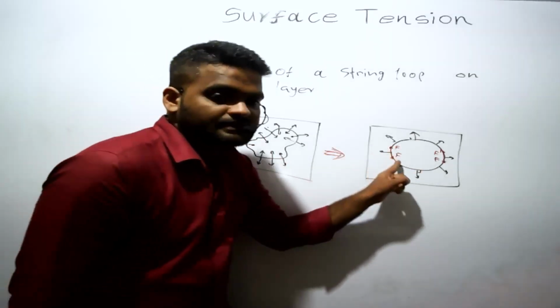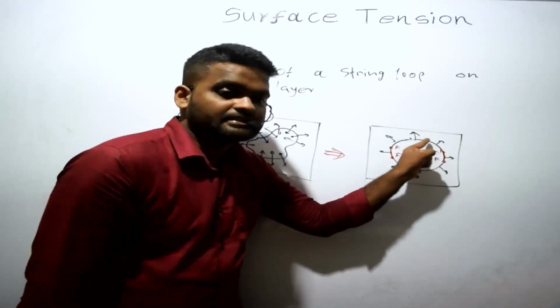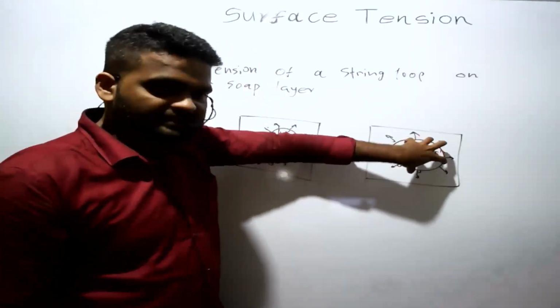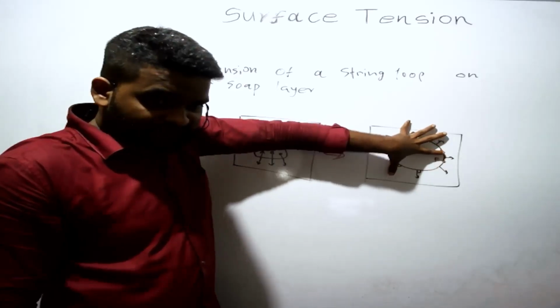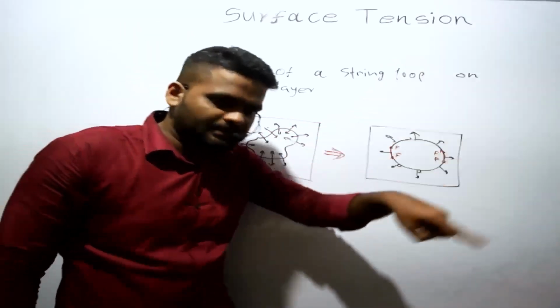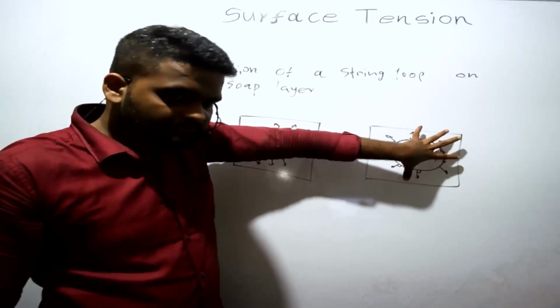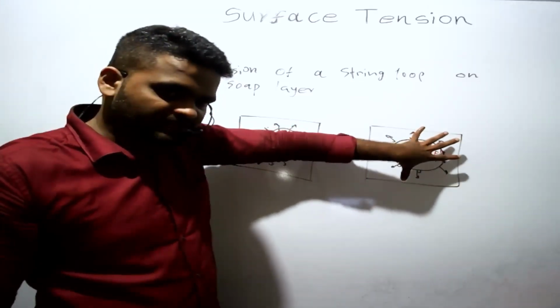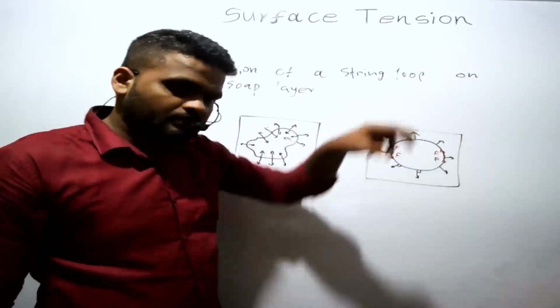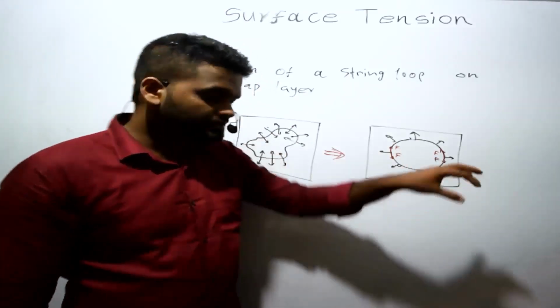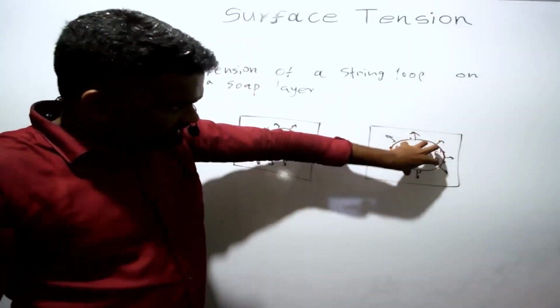Let's say this string is made of rubber, right? So it doesn't remain like this. It further expands, still keeping the circular shape, if it is elastic, meaning made of rubber. Got it? If it is extensible, it further increases.